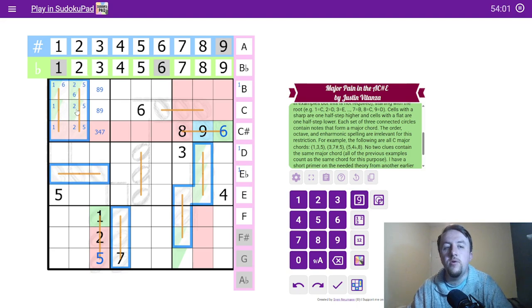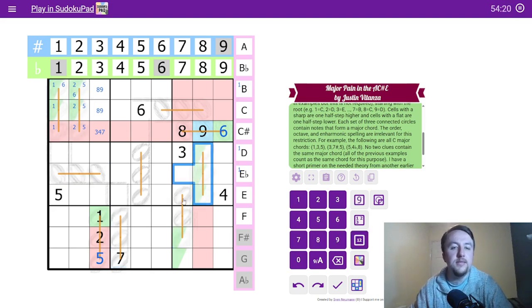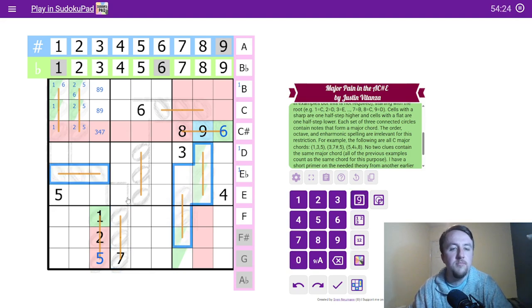And we can only have one in box 1, obviously. Okay, well, first of all, we can say that this is definitely not a 6, because that would prevent 6s from going there, there, or there. That's not going to make or break the puzzle, I don't think, but it is true.